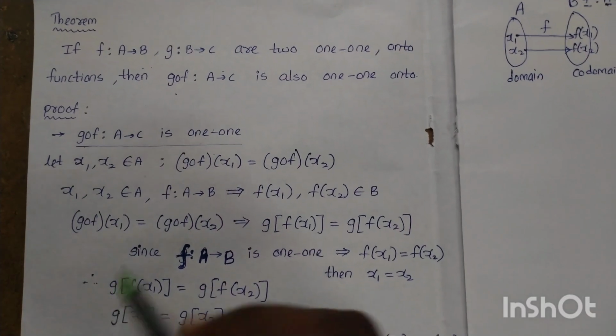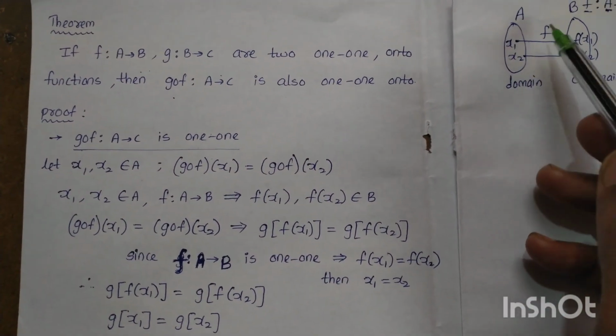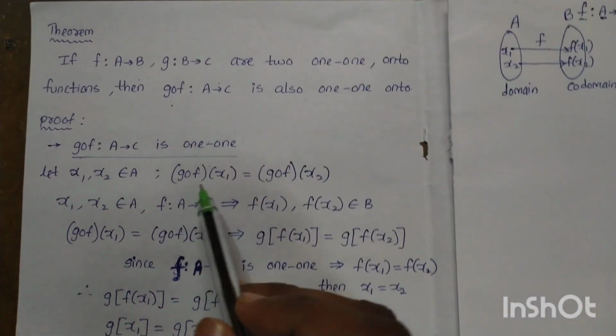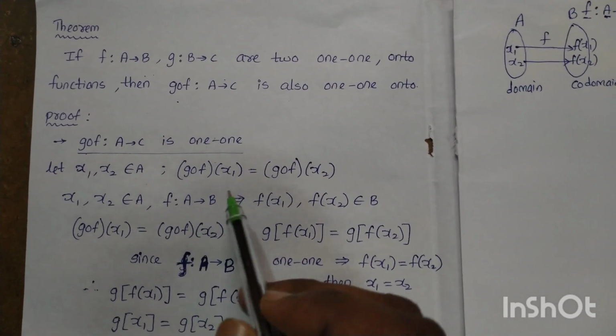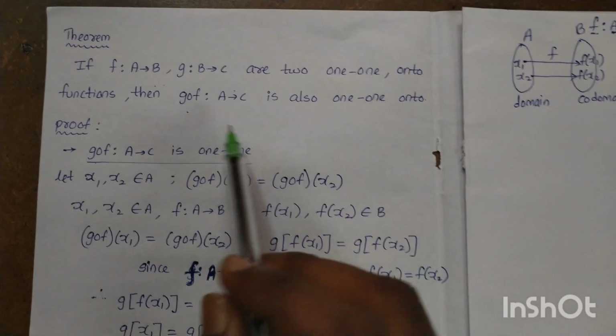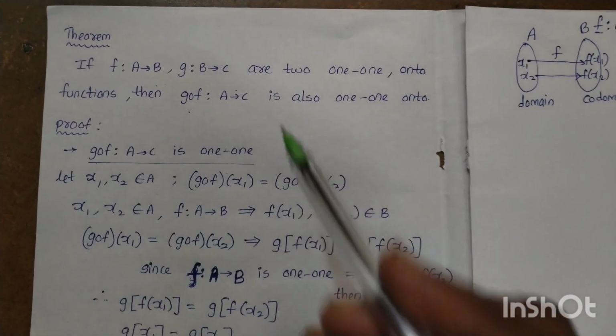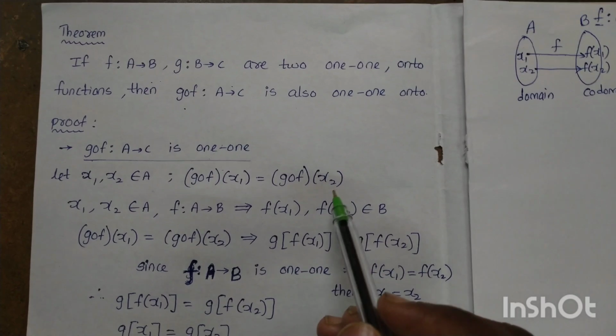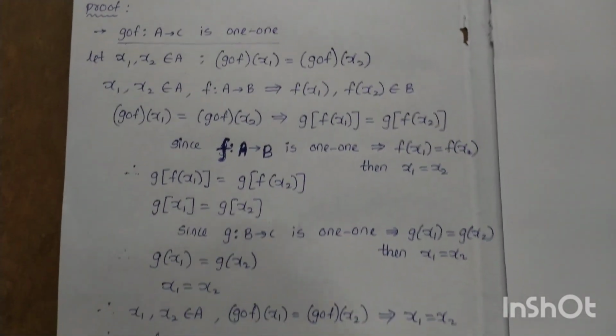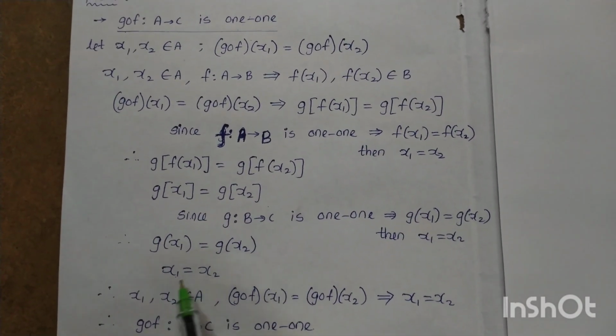We are assuming that x1 and x2 belong to A, and gof of x1 and gof of x2 are equal. Why? Because we know that if the function is one-one, then gof of x1 equal to gof of x2 implies that at the end we need to get x1 equal to x2.